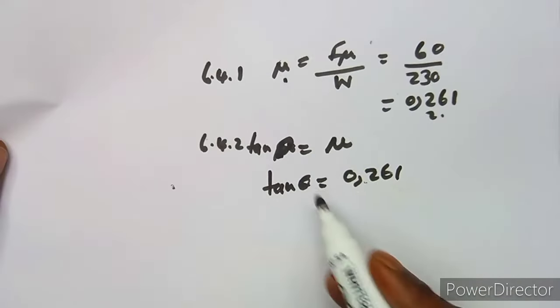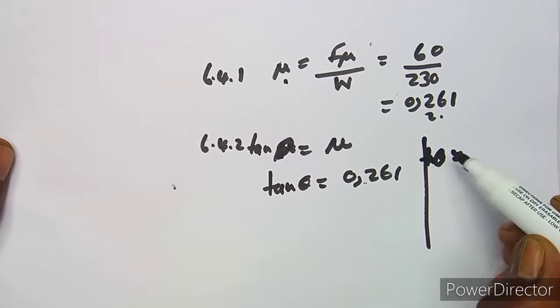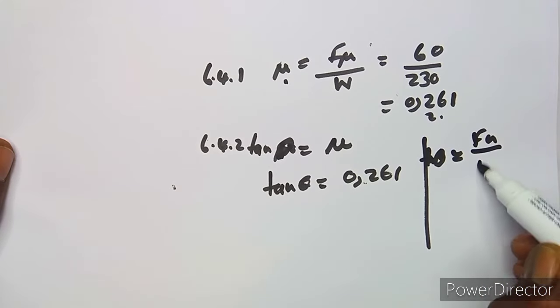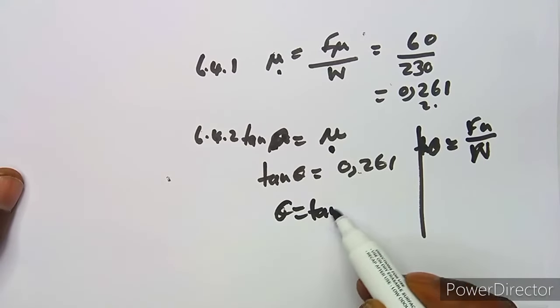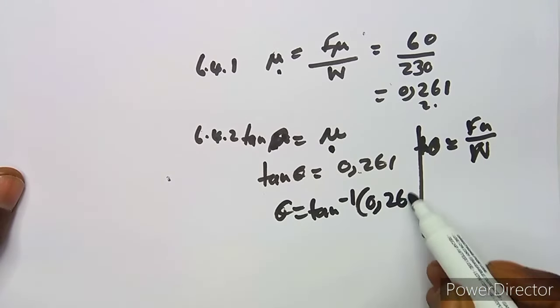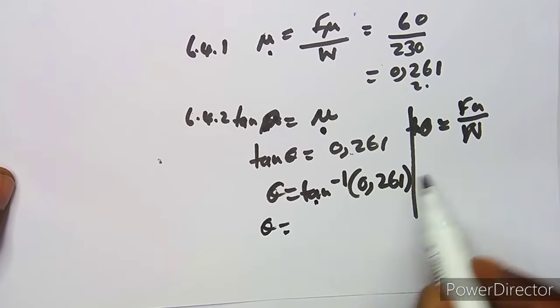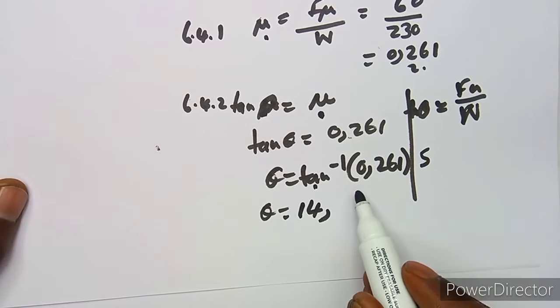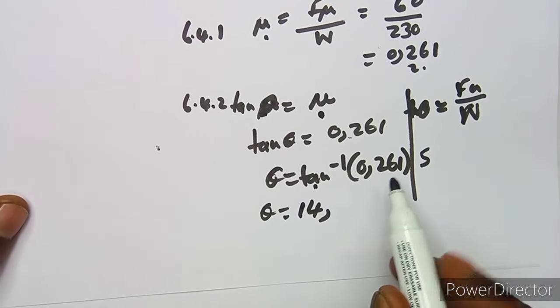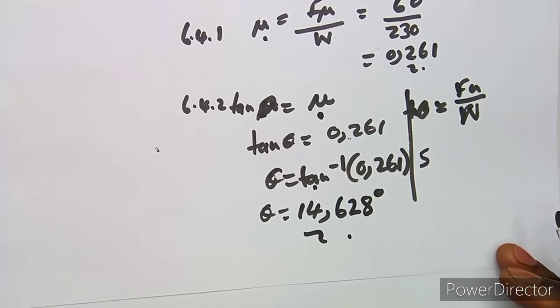Tan theta is equal to the frictional force over the weight, but you can just take it here. So theta is equivalent to arctan 0.261. Make sure your calculator is in degrees. Arctan is just shift tan on your calculator, which is going to give you 14.62787 and so on, which you round off to 14.63 degrees. All right, so that's what you're going to have, guys, is your angle there. That is the angle of friction.